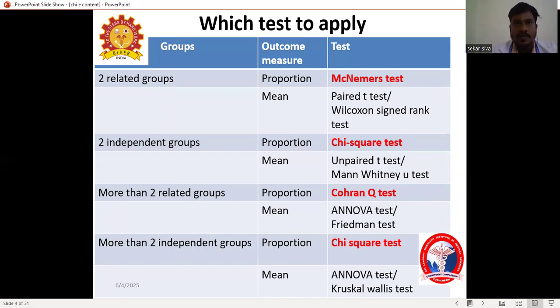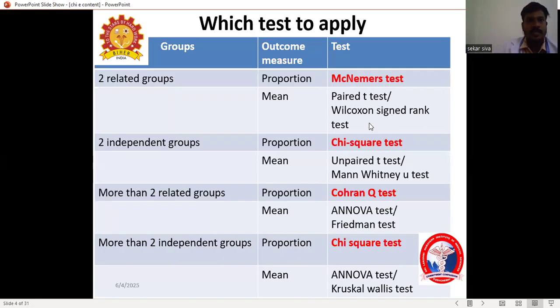If it is measured in proportion, we can use McNemar test. If the outcome variable is mean, we can use paired t-test or Wilcoxon signed rank test. It is based on the normality. If it is normal distribution, we can use paired t-test.